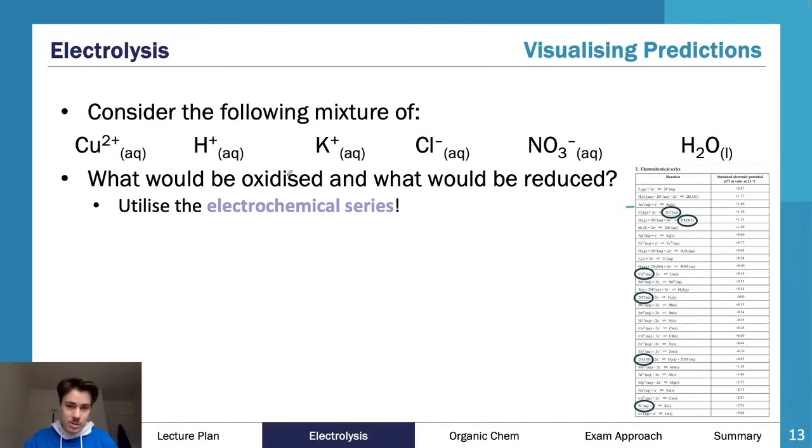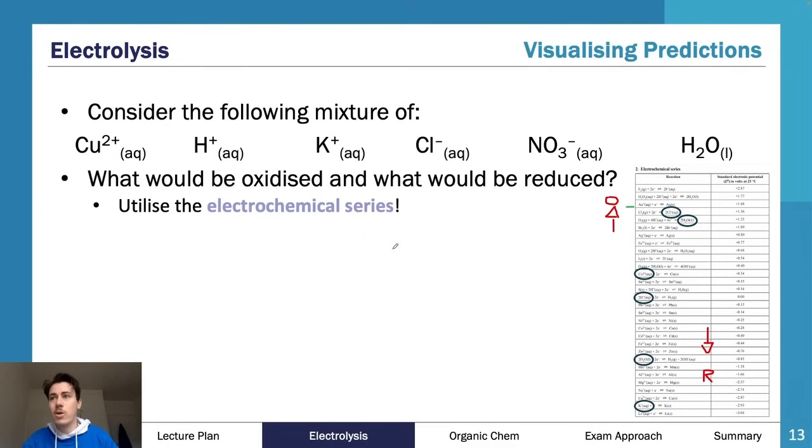Well, let's utilize the electrochemical series. You need to start highlighting what we've got. So if you highlight all of these things on the left and all of these on the right. Now, remember what I said before, that the strongest reductants are on the right, so R and R, and they're at the bottom. The strongest oxidants are on the left, and they're at the top. So reductants on the right, oxidants on the left.